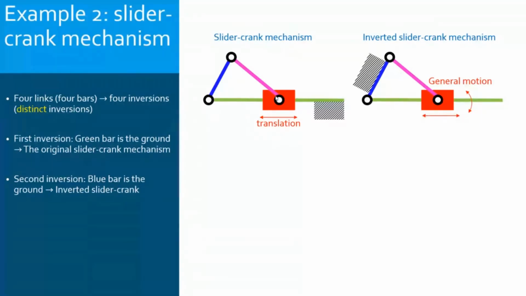So the slider is translating along the green bar that is itself rotating. So when we consider the absolute motion of the slider, it is a general motion. Relative to the green bar, the slider has a translation motion. But relative to the ground, the absolute motion, the slider has a general motion. It is translating and rotating at the same time.